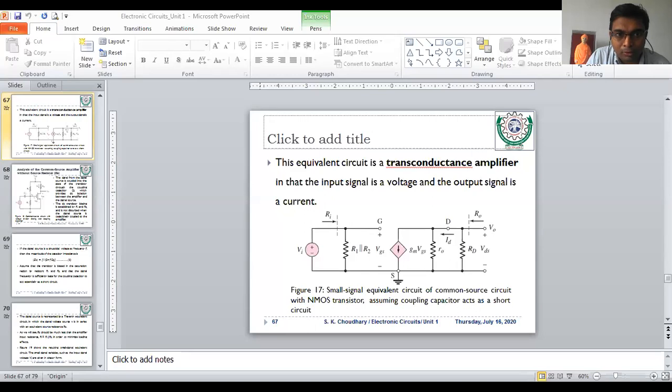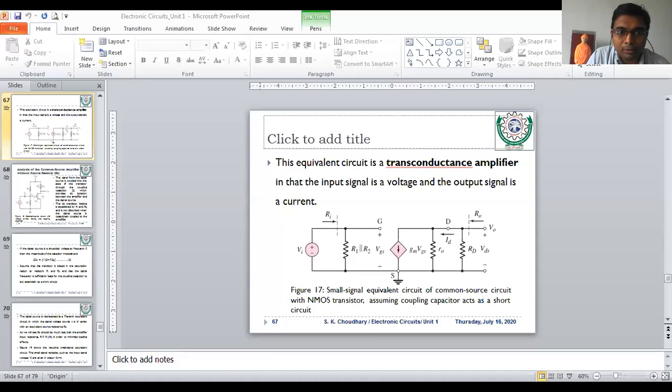Everyone please draw it in your notebook. It is a very important part, and I will teach you how to draw the small signal equivalent circuit from the common source circuit. This circuit we have taken initially.